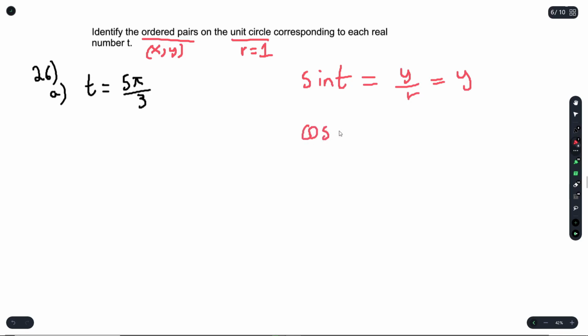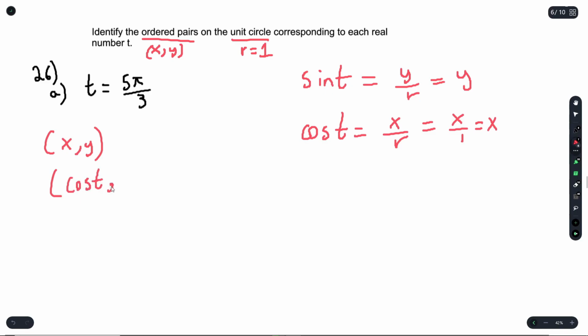And cosine of t is equal to x over r, but because it's a unit circle, it's x over 1, which equals x.